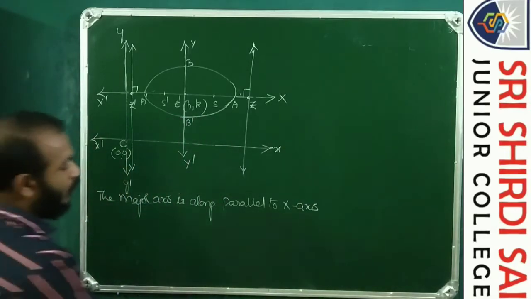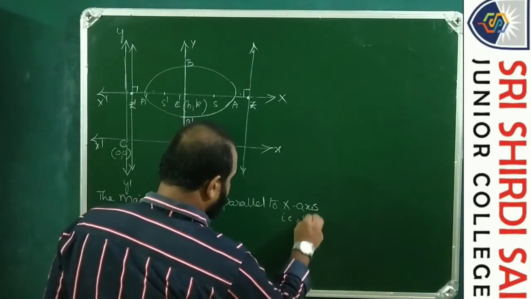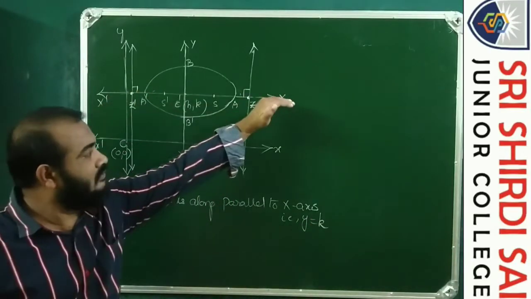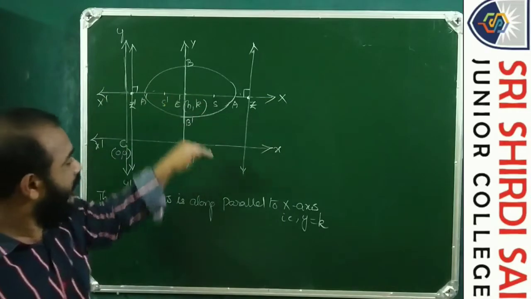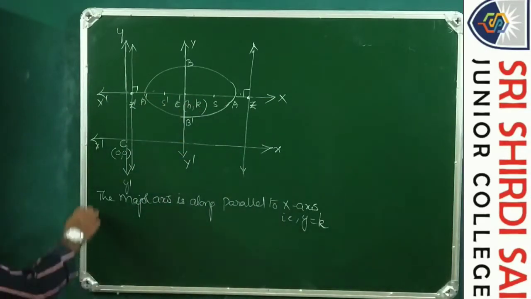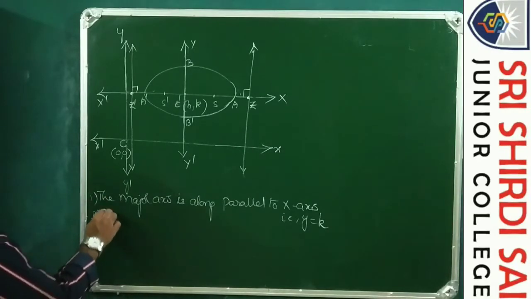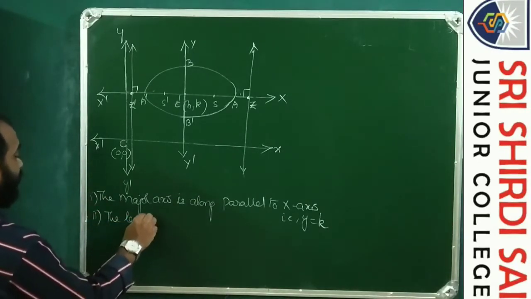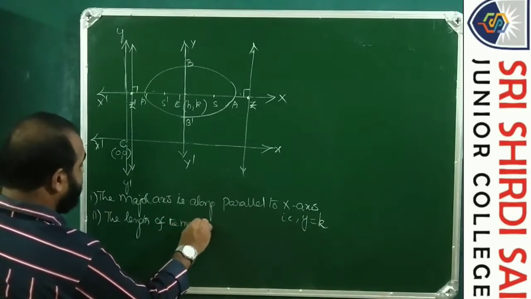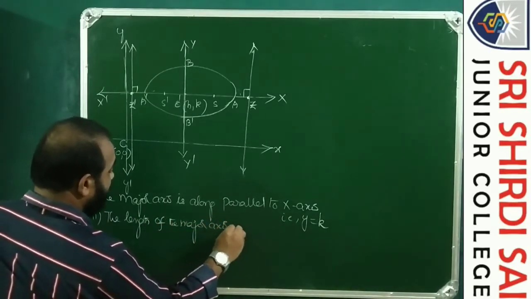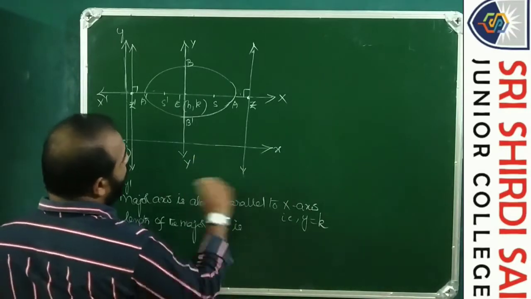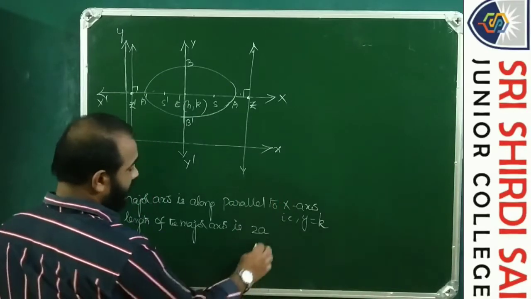So that is y is equal to k. Any line which is parallel to x-axis is of the form y equals to k. Now, the length of the major axis is here also 2a only, A dash.